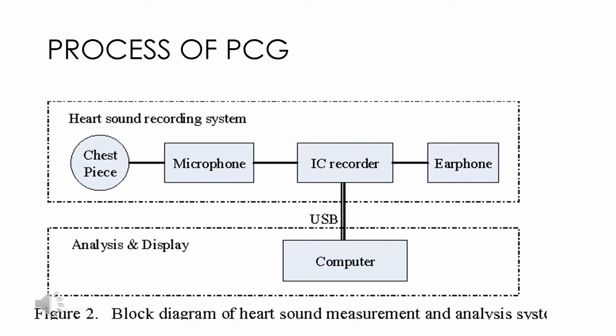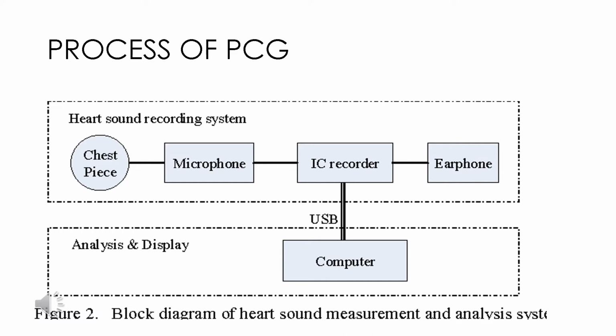This shows how PCG works. Of course, first you have your sensors placed on a patient's chest, and with the use of a microphone, the sound or vibrations are converted to electricity, thus going to the IC recorder.